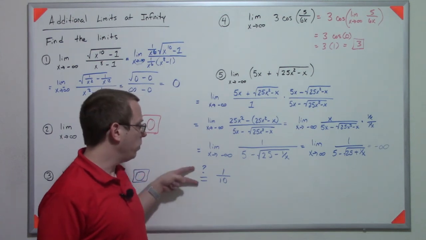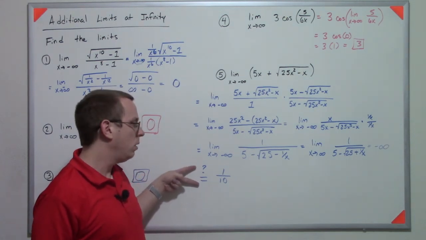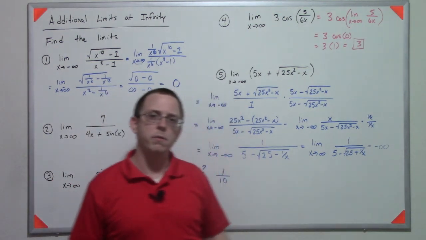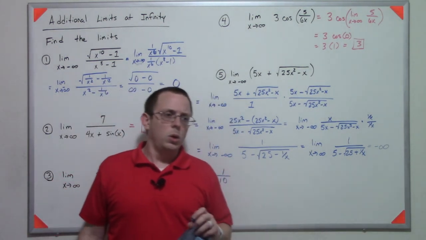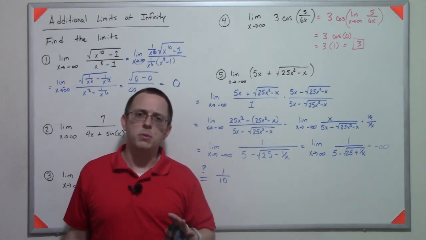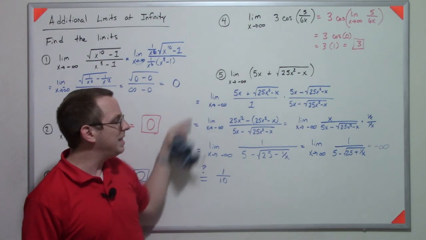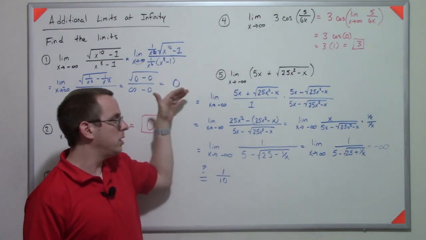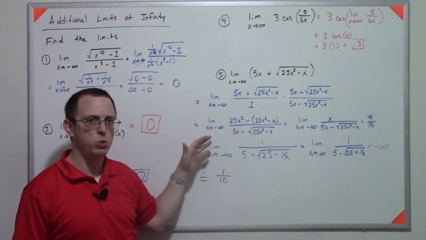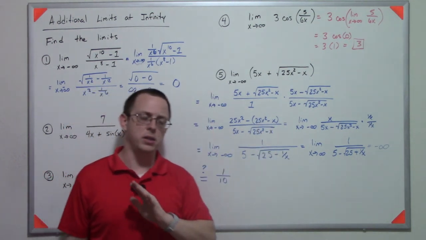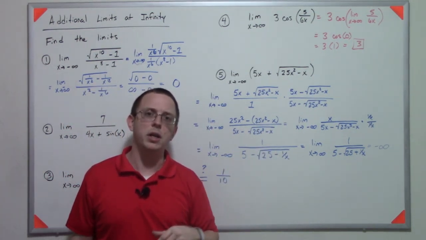So be careful, this may end up being 1/10, but from the way I've worked this, I arrive at negative infinity. So when you're working these types of problems, be careful. It's possible I missed something, but this is still the basic process. This is the idea of how you would do this, but there may be some small detail missing from what I've done that makes it incorrect.